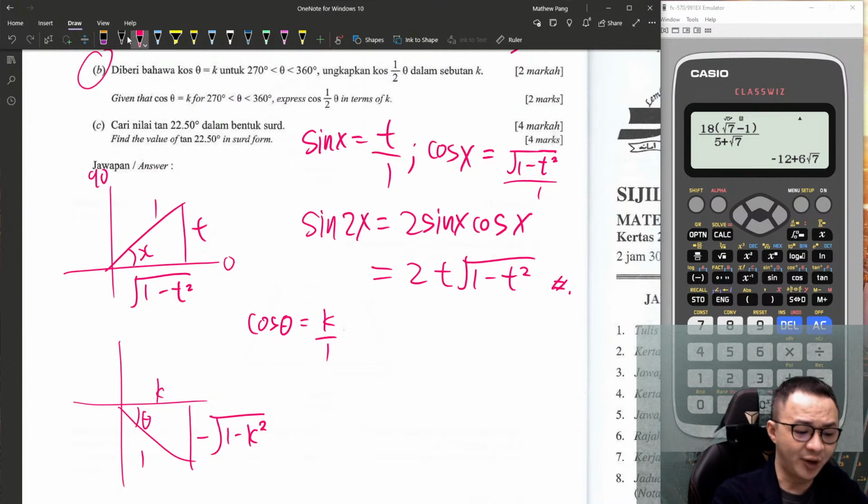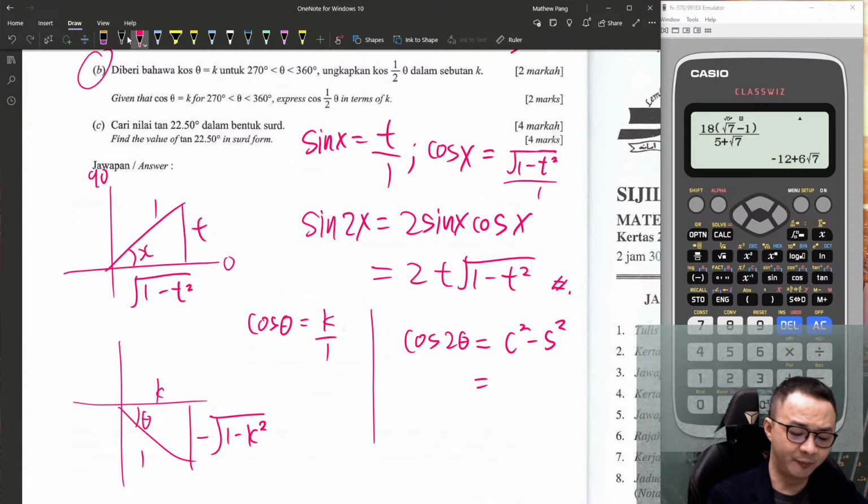Then they ask us to express cos half theta. Cos half theta is hidden in the double angle, isn't it? So you should know cos double angle, cos 2 theta. We have cos square minus sine square, and we have 1 minus 2 sine square, and 2 cos square minus 1, right?